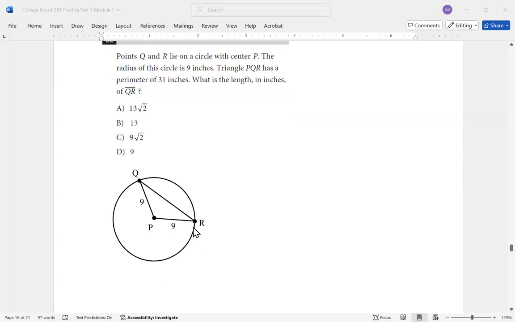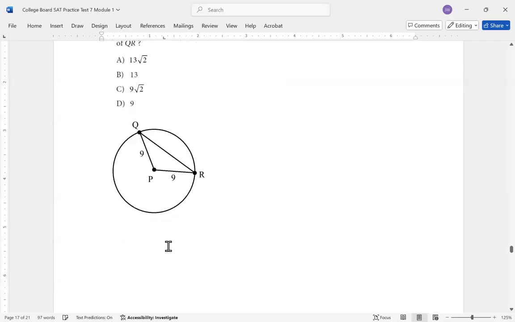Now we know that the perimeter of the triangle is 31. So basically what we're saying is that if you take the 9 plus another 9 plus the distance from Q to R, we get 31. 9 plus 9 is 18. Subtracting 18 from both sides gives me that the distance from Q to R is equal to 13.